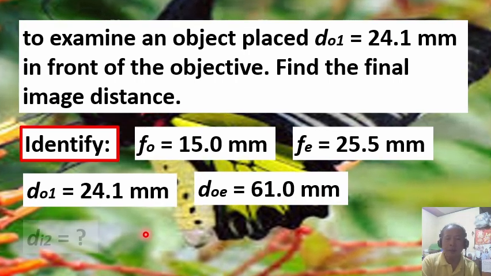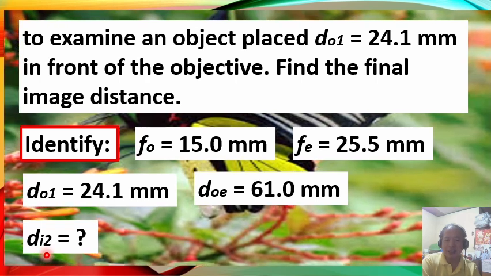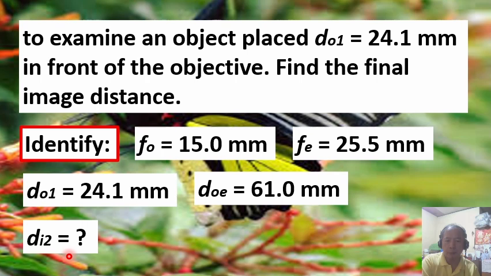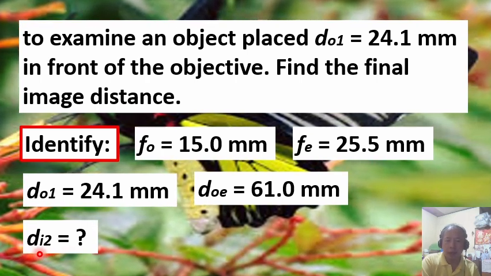And our target variable in this problem is the distance of the final image relative to the eyepiece, denoted by d sub I2.